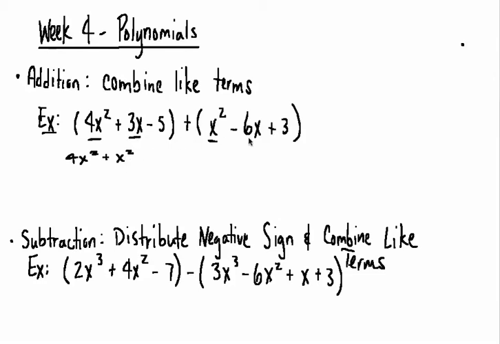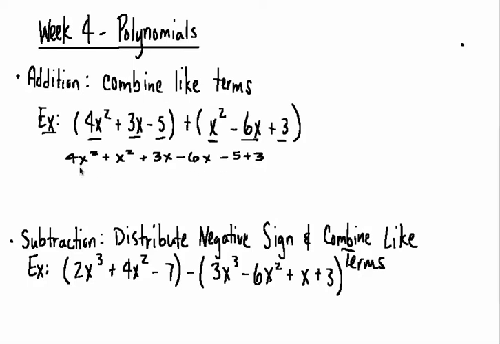I'm going to write the 3x and the negative 6x together. Then I'm going to write the negative 5 and the positive 3 together. And this just helps me to combine the like terms properly. Remember, like terms must have the same exponent and the same variable.